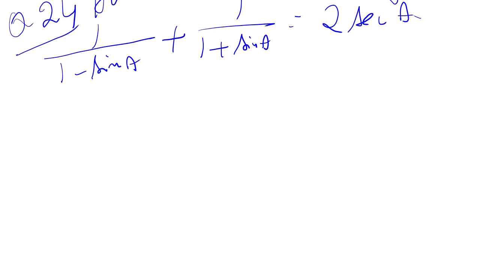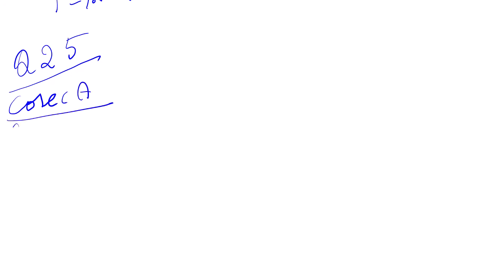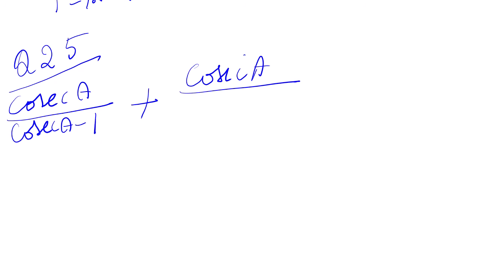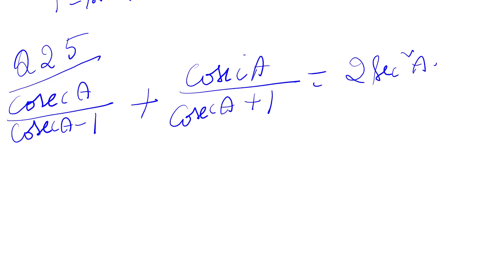Okay. Then question 25. Question 25 is prove that cosec A upon cosec A minus 1 plus cosec A upon cosec A plus 1 is equal to 2 sec square A. Okay.